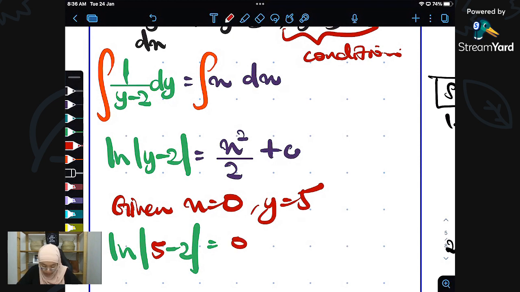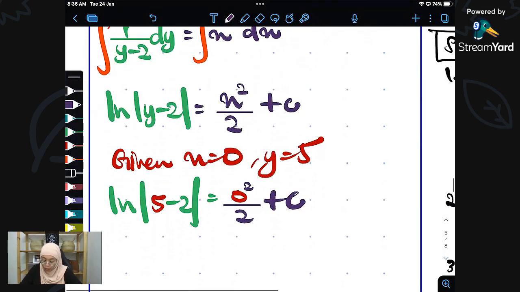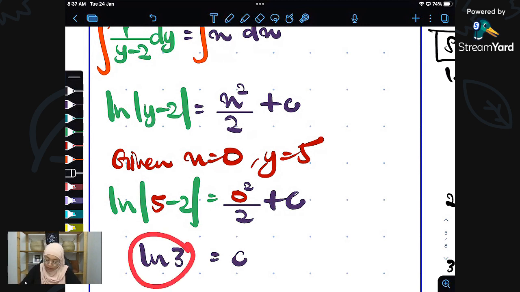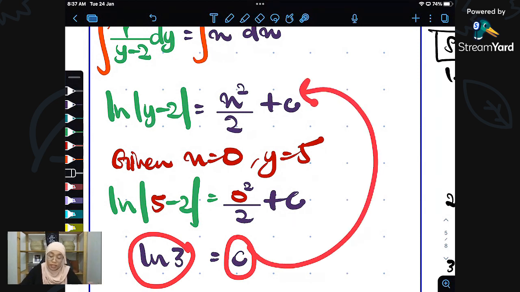So 0 squared over 2 plus c. And so our value of c is actually ln 3. Therefore, we substitute into the general solution.